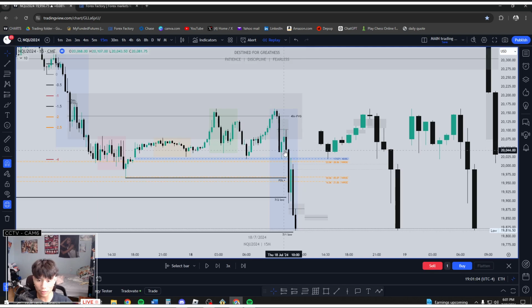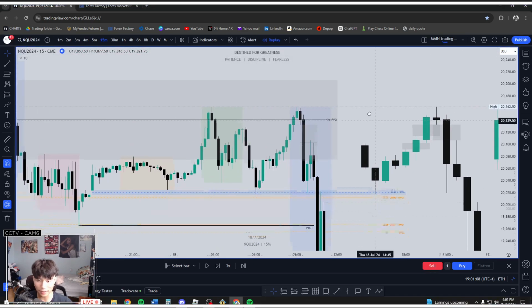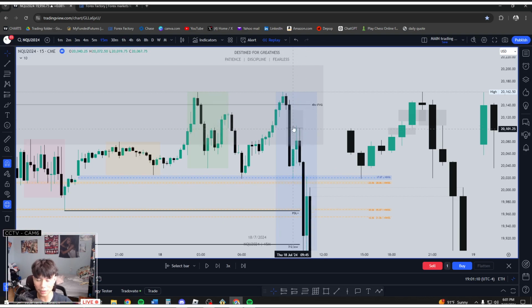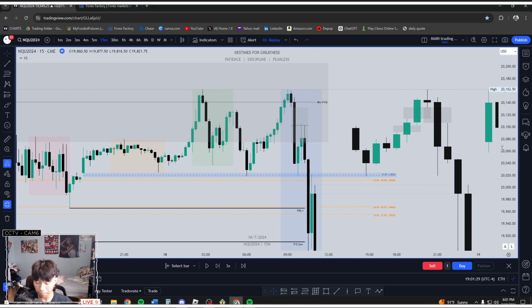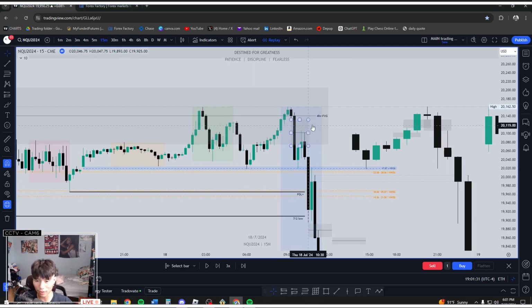Whenever we opened up at 10 o'clock, I told the live stream that I wanted to see us respect this 15-minute fair value gap here, because we displaced away from a 4-hour fair value gap. And whenever I say displace away, all I mean is that whenever we traded away from this 4-hour fair value gap, the leg that is created has fair value gaps within it, and there's this 15-minute fair value gap that gets created.